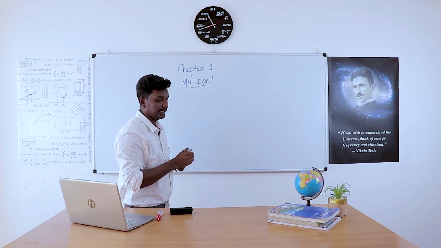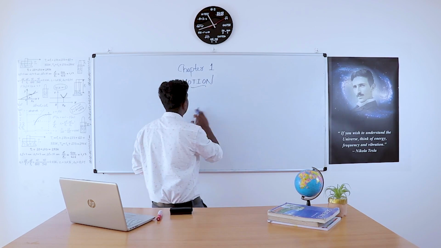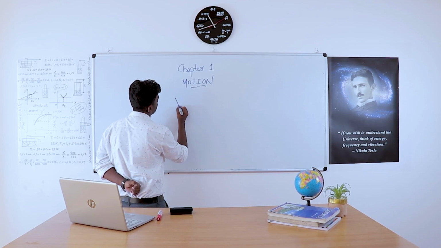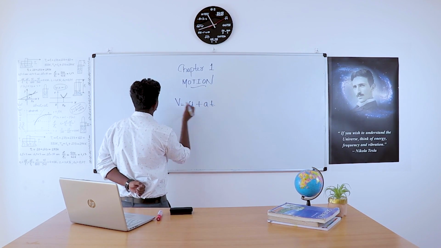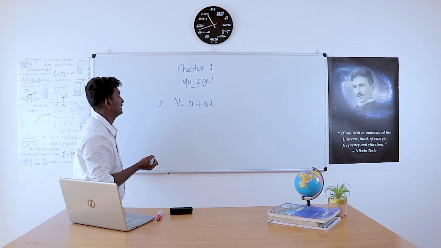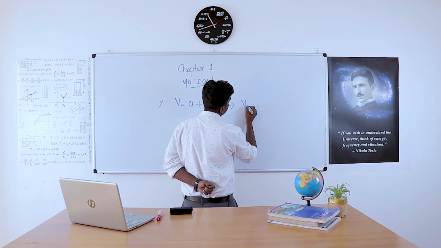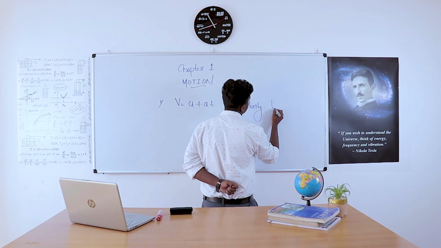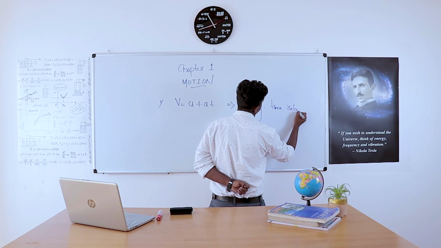We have three equations. I am writing the three equations first, then going to derive them from the graph. First one is V is equal to U plus AT. This is the first equation of motion, and this is called the velocity time relation.